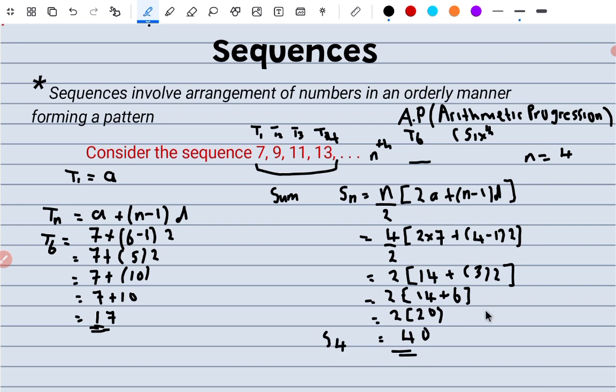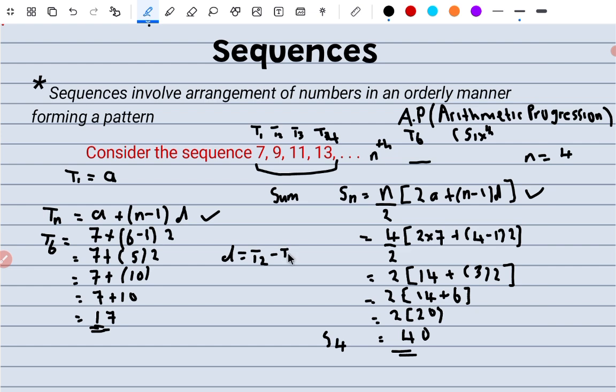These two are very important formulas when it comes to sequences that involve an arithmetic progression. Of course, not forgetting this one, common difference is equal to t2 minus t1.